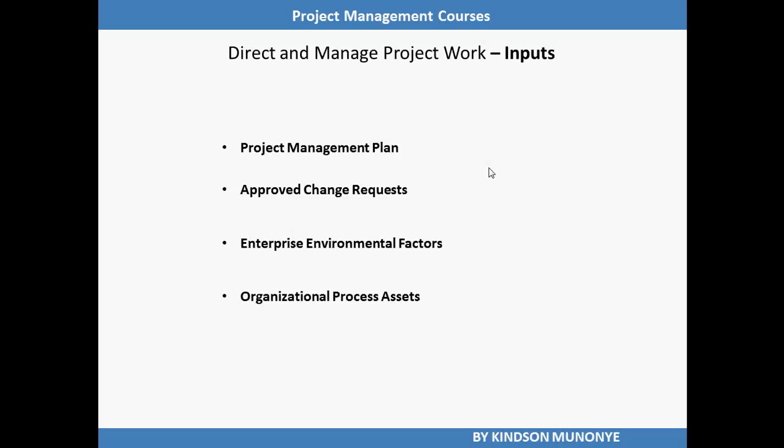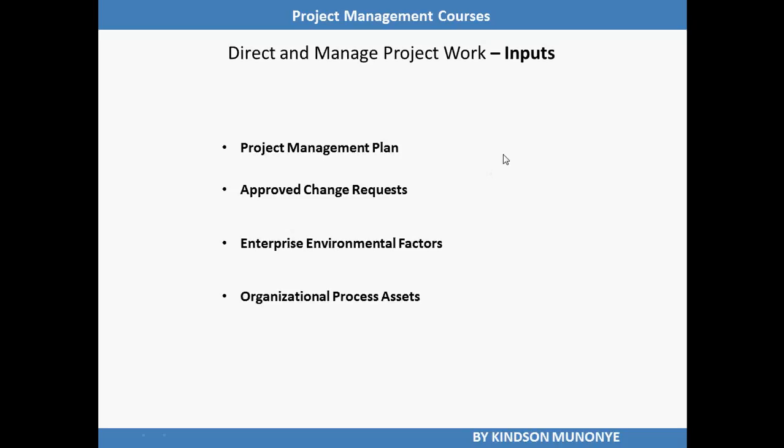They are scheduled and implemented by the project team during the direct and manage project work. The approved change requests can also modify the policies, project management plan, procedures, cost or budgets, or revise the schedules. They may require implementation of preventive or corrective action.